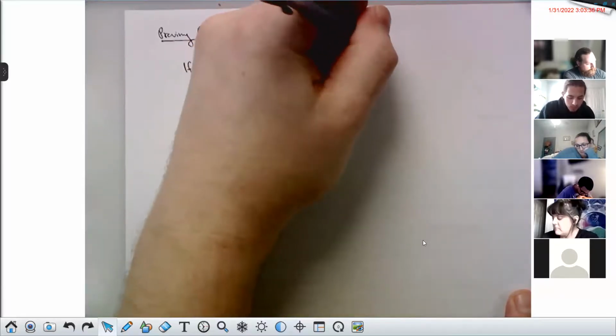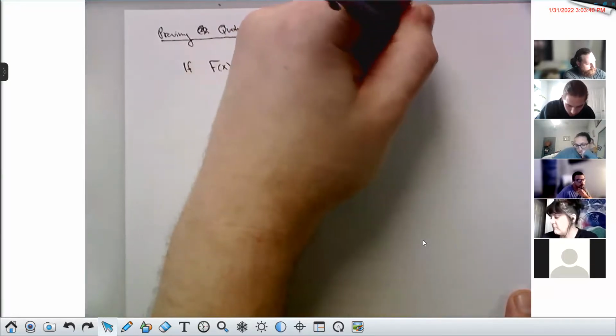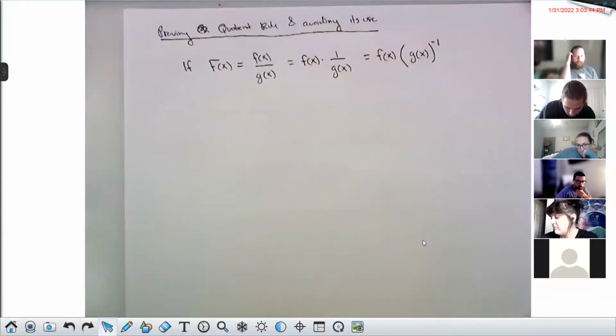And I can think of that as f of x times parentheses g of x all raised to the negative first power. And like our third example, this is a product, one thing times another thing, where the other thing is a composite. This is the inner, this is the outer.